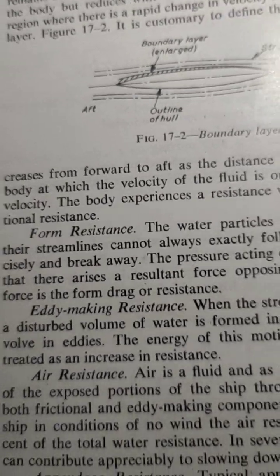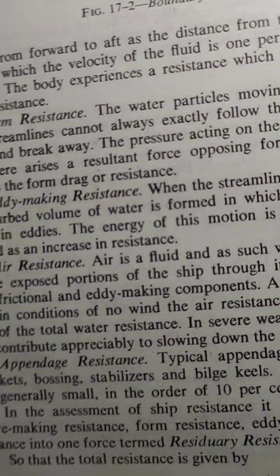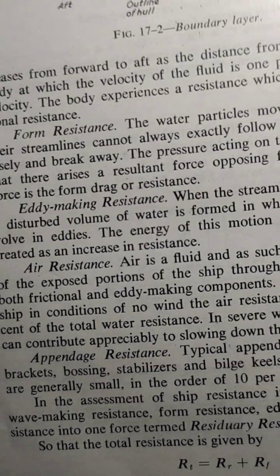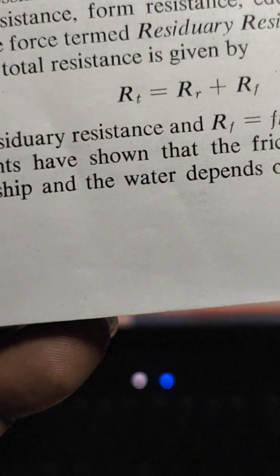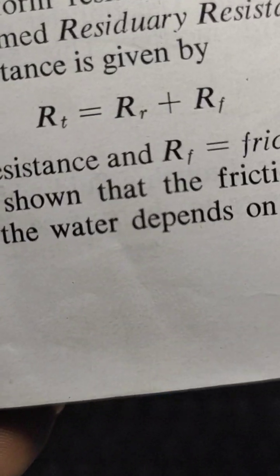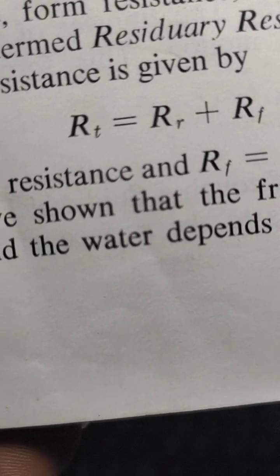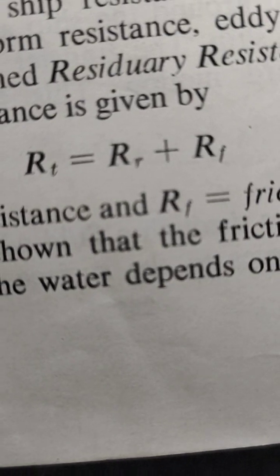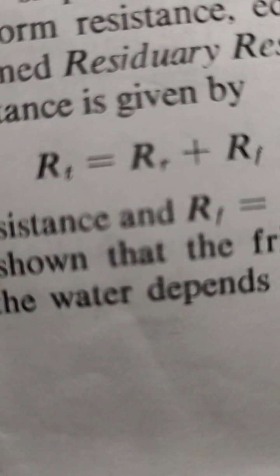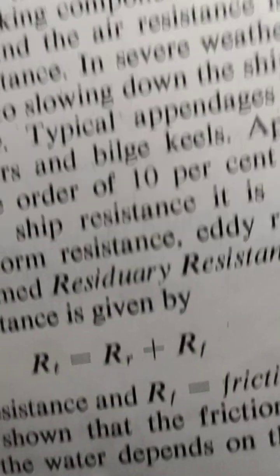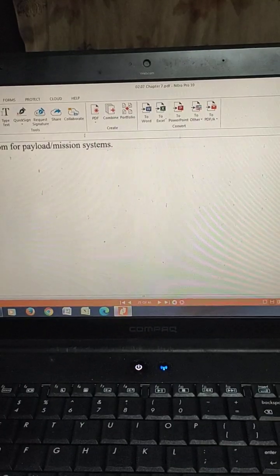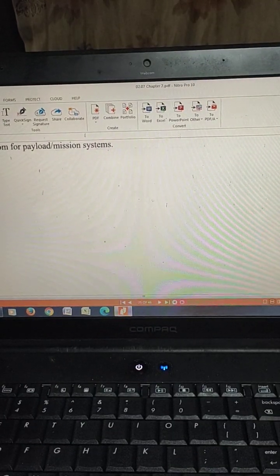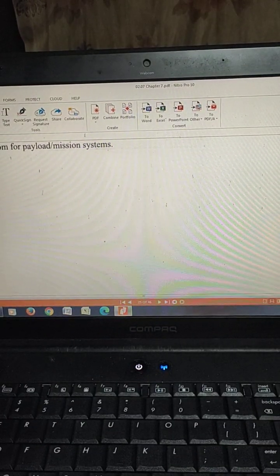So he decided to divide the resistances into two. As you can see here, he said resistance comprises of total resistance, residual resistance, and frictional resistance. The frictional resistance already we know. The residual resistance, as I told you before, comprises of the eddy making resistance and the wave making resistance.